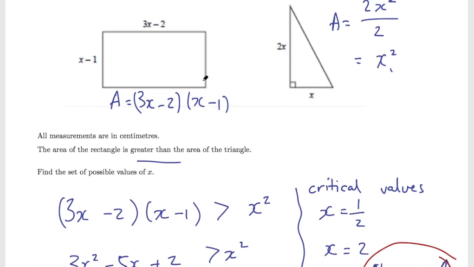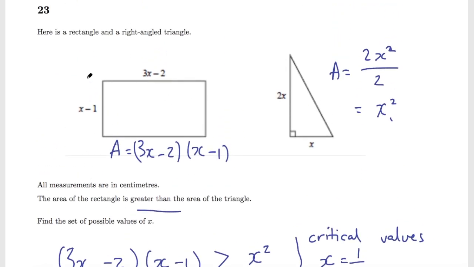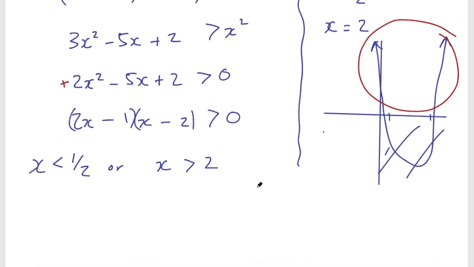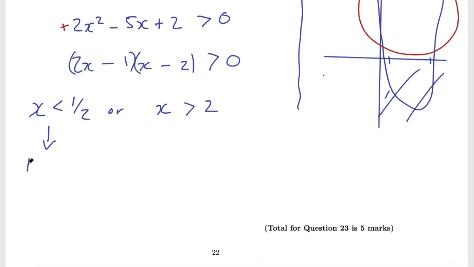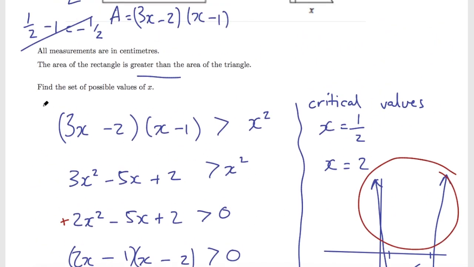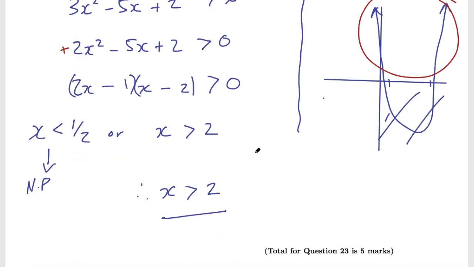But this is where you need to go back to the original problem, and if x equals a half, essentially this becomes a half minus 1, and that will become a negative value, and you can't have a negative width in area problems. This is not possible, so therefore x must be greater than 2, and that's the set of possible values for x.